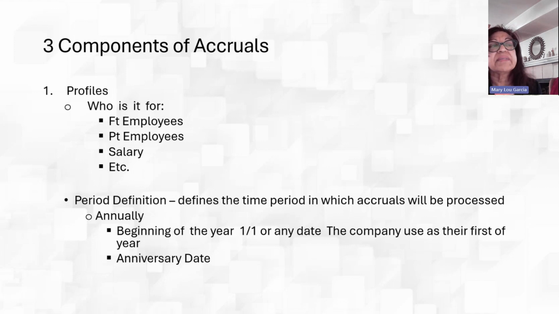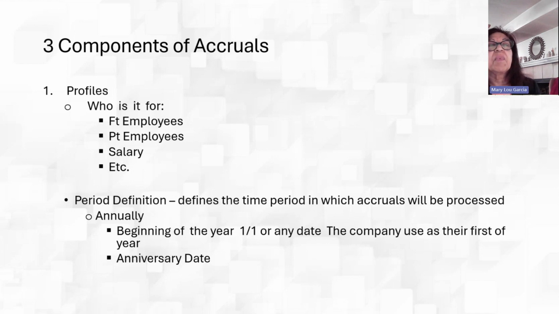And here, like Brandi went over the definitions and stuff like that. So we have a period definition, and like she said, it just defines the period, right? You can have a beginning of the year, a 1/1 plan year. You could use an anniversary date.